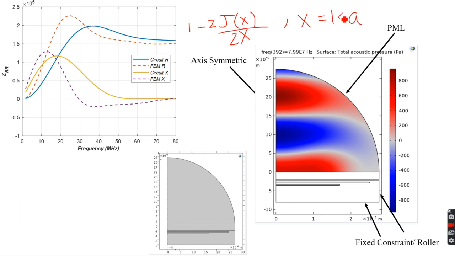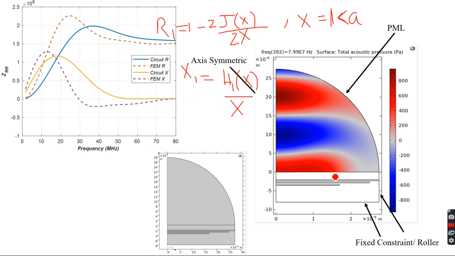If I remember this correctly, that was the real part, and the imaginary part is the Struve functions, in terms of Struve functions, H1(2x) over x, something like that. I don't remember them exactly, but these are Bessel and Struve functions, and in the circuit, those are analytical. You can see the solid lines.